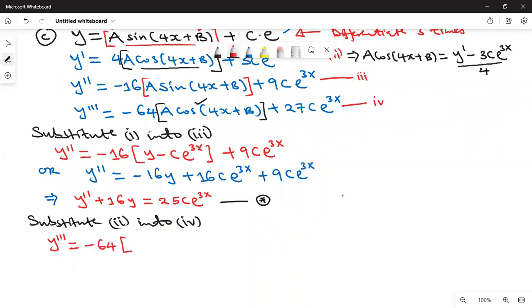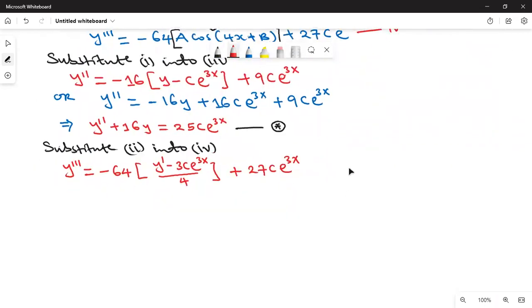Instead of a cos 4x plus b, I'll write y prime minus 3c exponential 3x, and the whole of this you divide by 4. That's what we have there. Then I can see this plus 27c exponential 3x. Now you can simplify this further. 64 divided by 4. 4 will go into 64 how many times? That is 16 times.